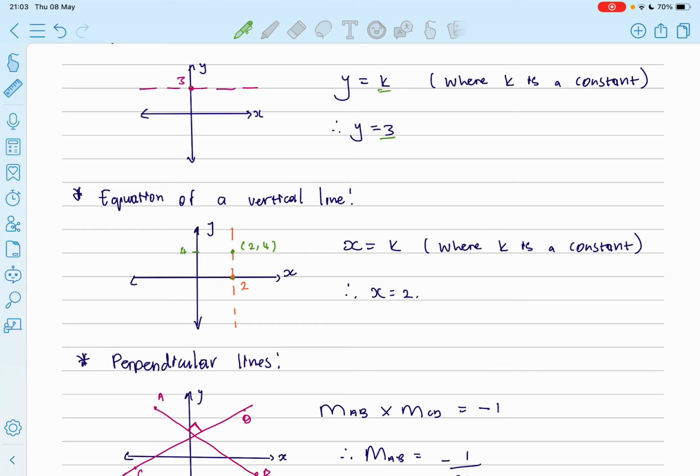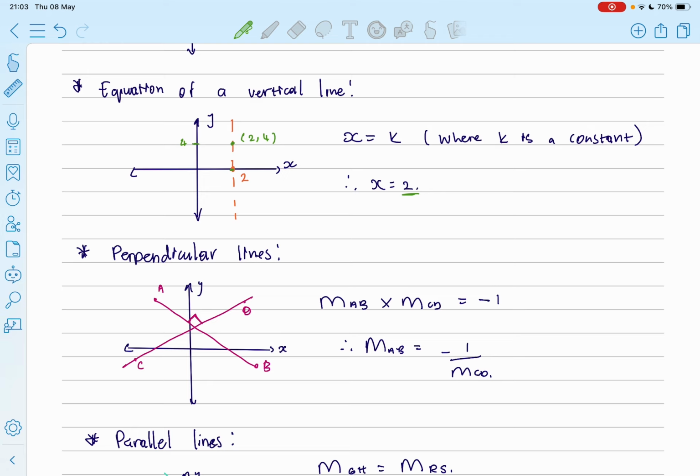And here on the one that cuts at the x-axis, those coordinates will be 2 and 0. So 2 is what is constant, which is the x value, but the y values are varying. So the equation of a vertical line will be the value of the x value. So in this scenario, it's 2. So the equation of this vertical line is x is equal to 2.